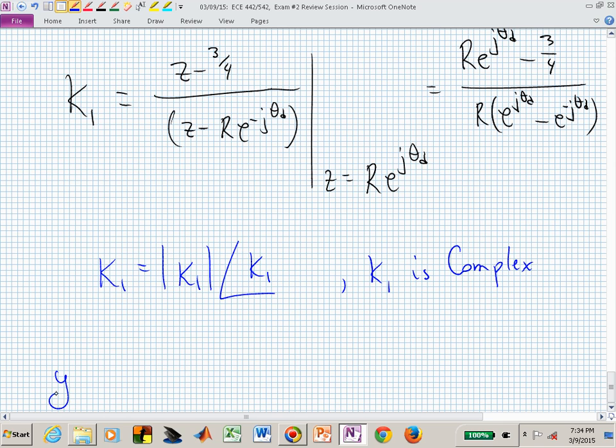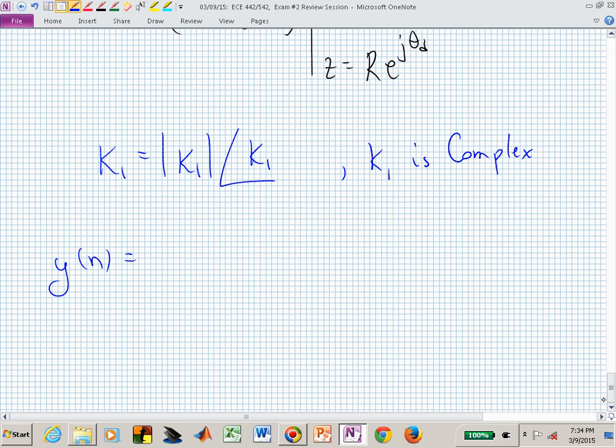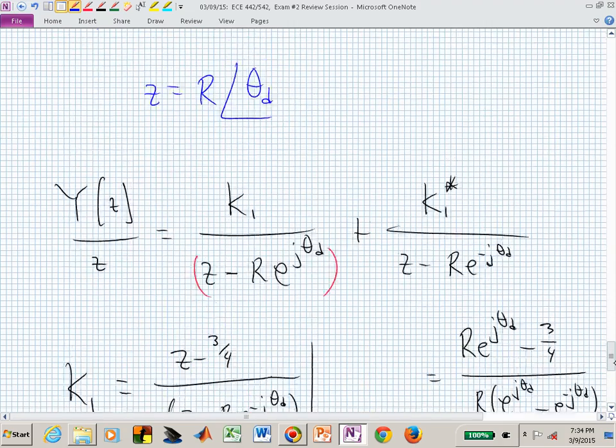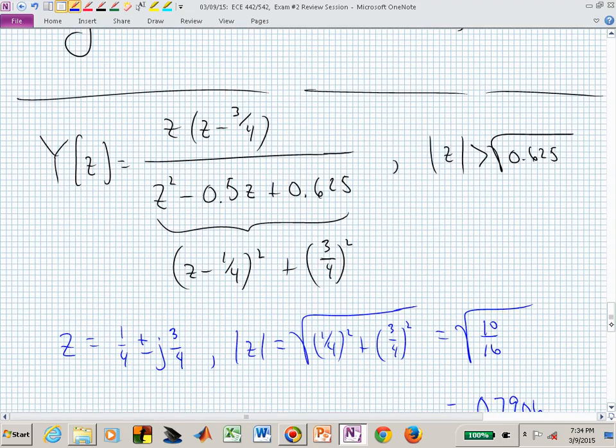And now we can write down by inspection what little y of n is. It's 2 times the magnitude of K1, r to the n. What was r? R was this guy, the magnitude of our poles in the original transform denominator.